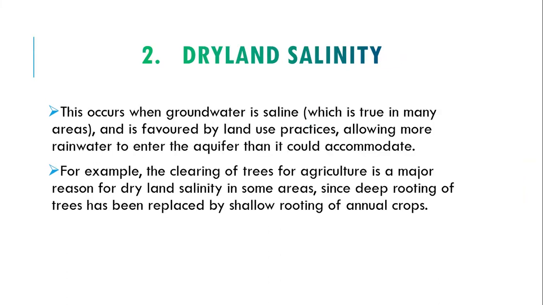Now, this occurs when the groundwater is saline, which is true in many areas and is favored by land use practices that allow more rainwater to enter the aquifer than it could accumulate. Take an example, the clearing of trees for agriculture is the major reason for dryland salinity in some areas, since the deep rooting of the trees has been replaced by shallow rooting of the annual crops. So hence it leads to this dryland salinity.